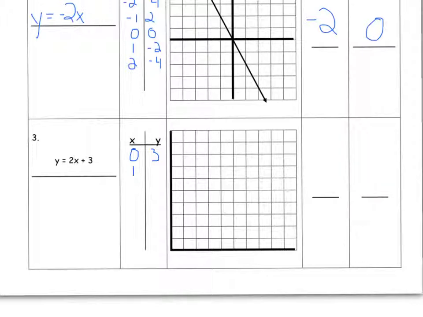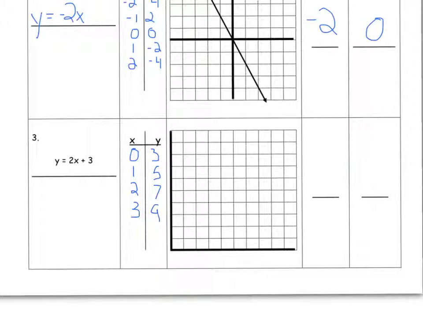When x is 1, we just replace x with 1, so 2 times 1 is 2, plus 3 is 5, so y will be 5. When x is 2, 2 times 2 is 4, plus 3 is 7, y is 7. When x is 3, y is going to be, let's see, 3 times 2 is 6, plus 3 is 9.